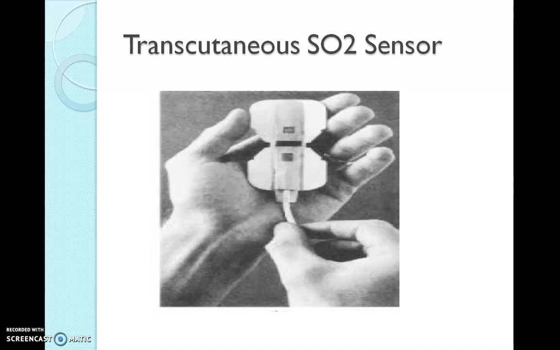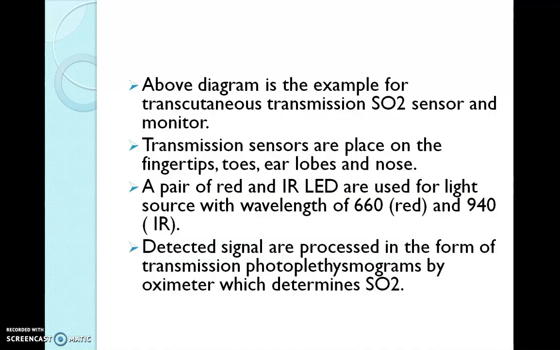This transcutaneous SO2 sensor is shown in this diagram: the transcutaneous transmission SO2 sensor and monitor. These transmission sensors are placed on the fingertips, toes, ear lobes or nose.